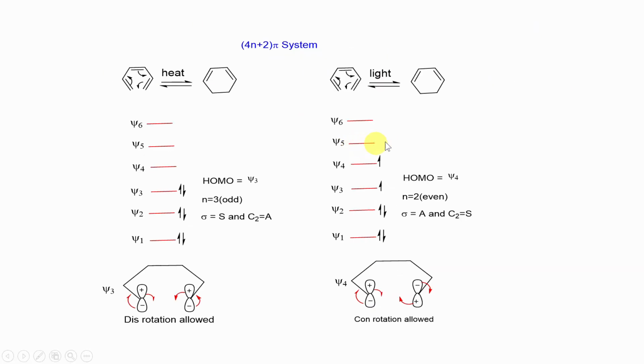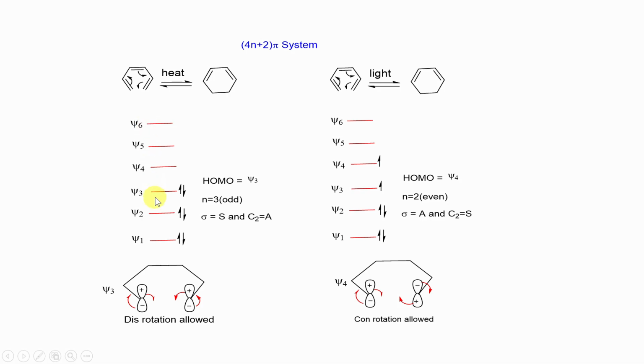Okay. Similarly, we can take the 4n plus 2 pi system in order to derive Woodward-Hoffmann's theory by the FMO method. For example, the thermal interconversion of hexatriene to cyclohexadiene. See, the acyclic system is a 4n plus 2 pi system. There are 6 pi electrons distributed on the 6 carbon atoms.